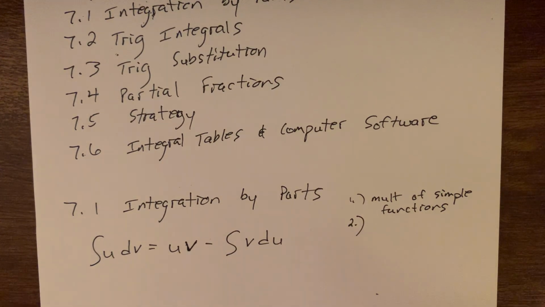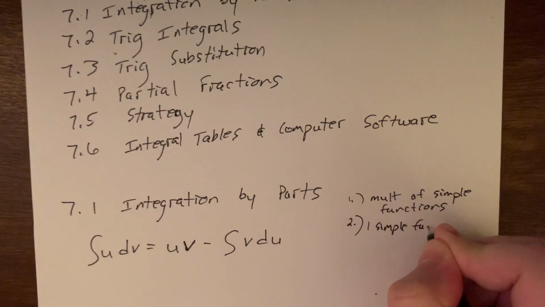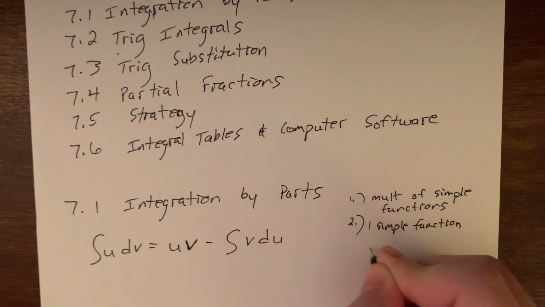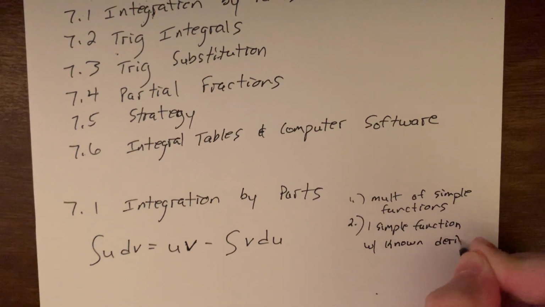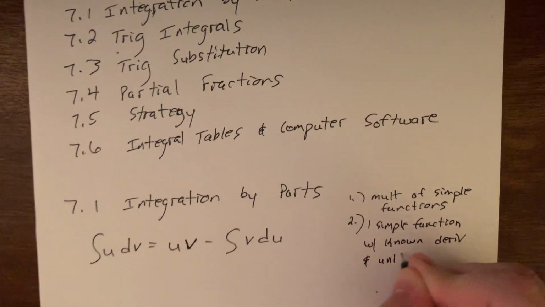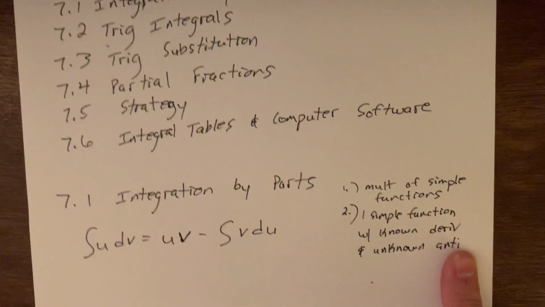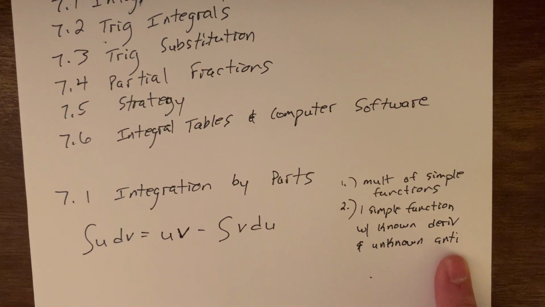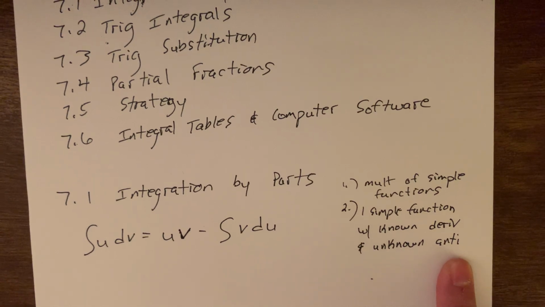A second one would be one simple function, but a simple function with a known derivative and unknown antiderivative. If we knew the antiderivative, we'd be done. So it's a very specific situation. You know the derivative, but you don't know the antiderivative.